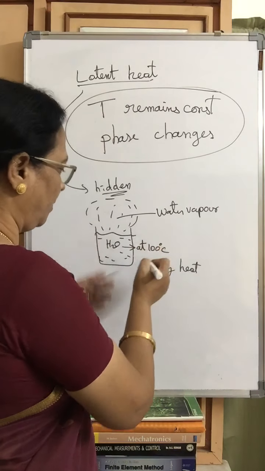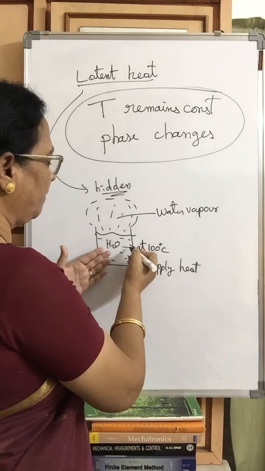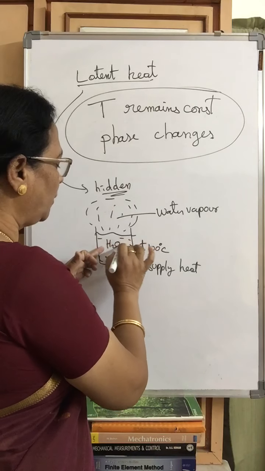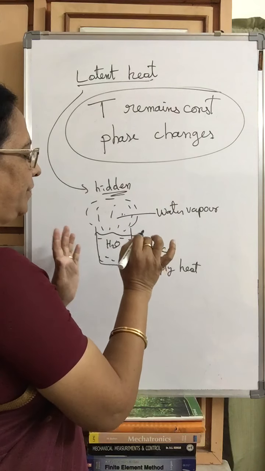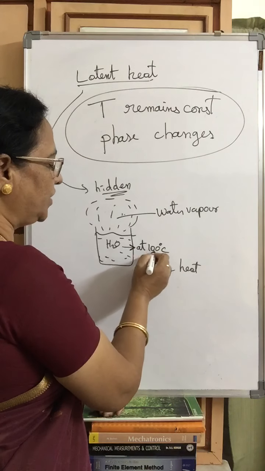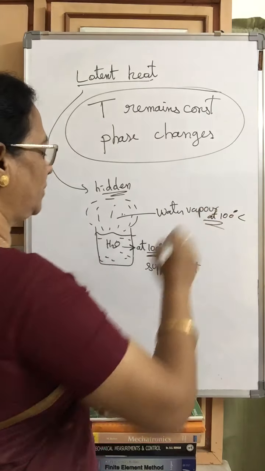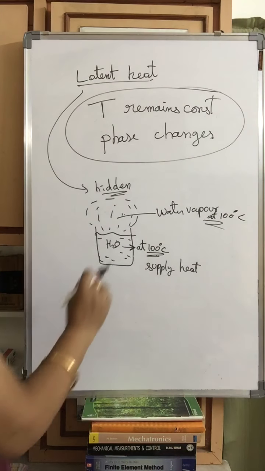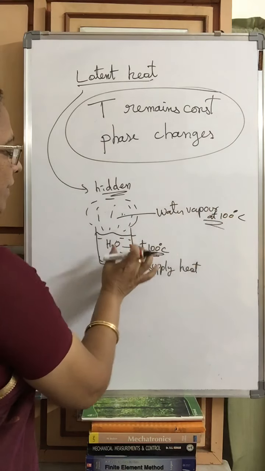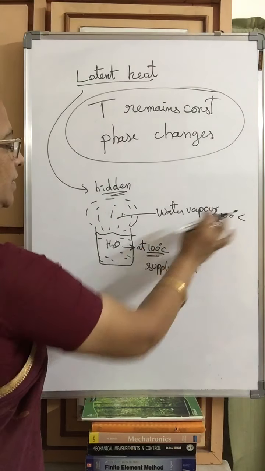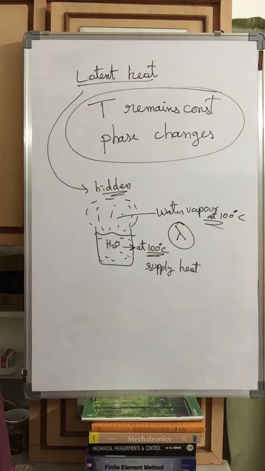Suppose you are supplying heat here. All the heat you are supplying will be utilized only to convert all this liquid into vapor. So there won't be any change in the temperature, it stays at 100 only. Liquid is at 100 and vapor is also at 100. Phase is changing, but temperature is remaining constant. That is latent heat.